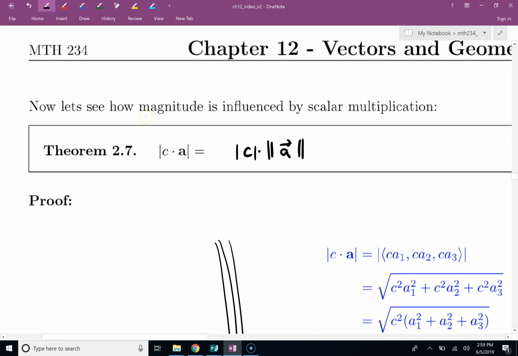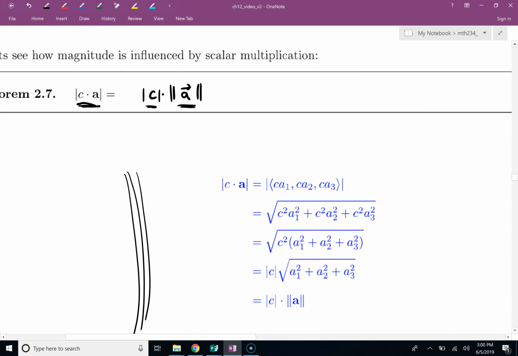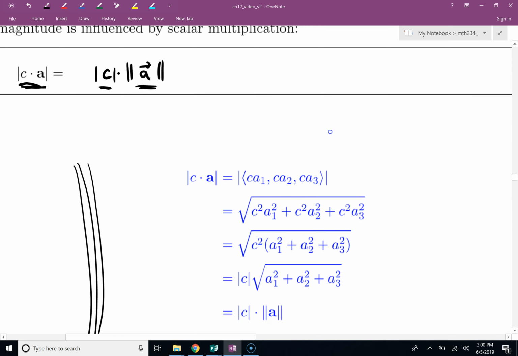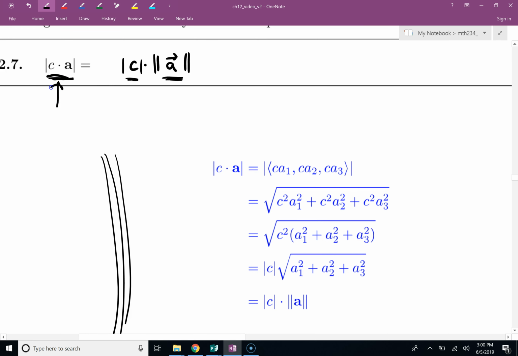If you're interested in the length of some scaled up vector, it's really just that scaling factor times the length of the original vector, with the one caveat that if the scaling factor is not positive, we ought to make it positive. The best way to do that is with these absolute values. So let's go ahead and show the proof of this, and I'll walk through it here. The proof is actually just to do the computation. We're trying to explore what the length of a scalar multiplied vector is.